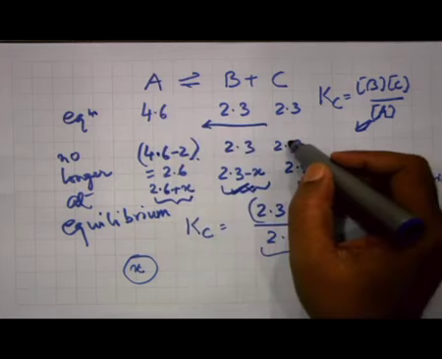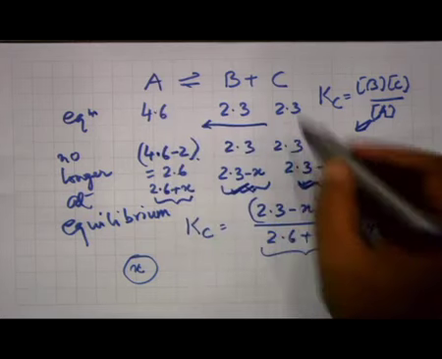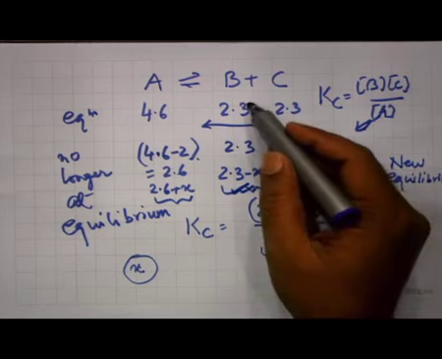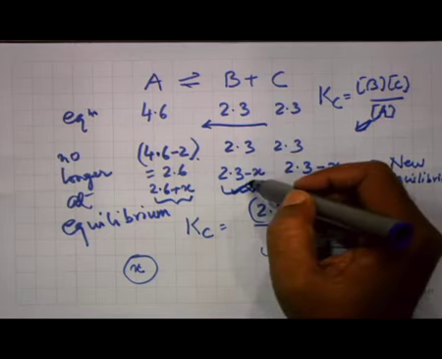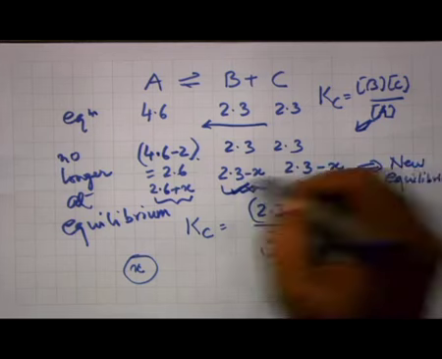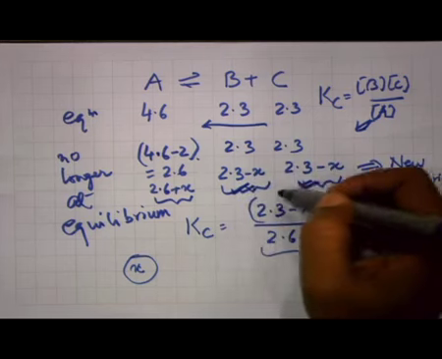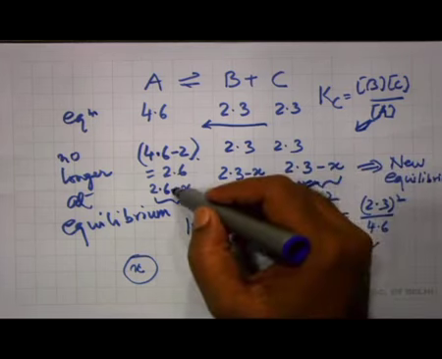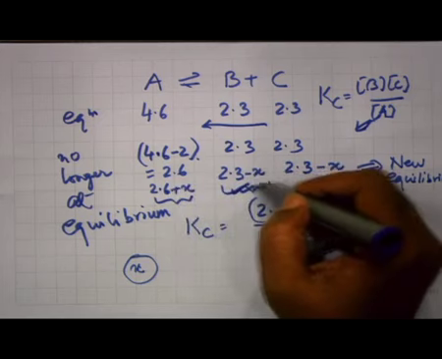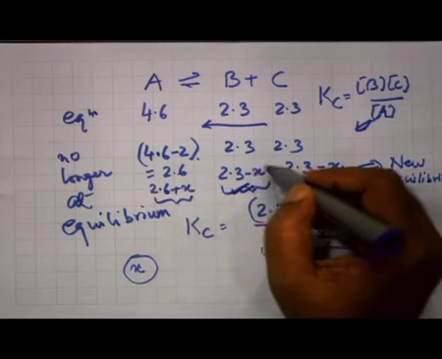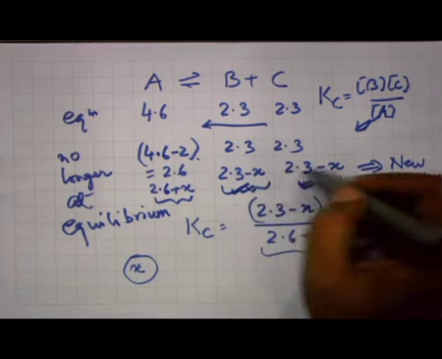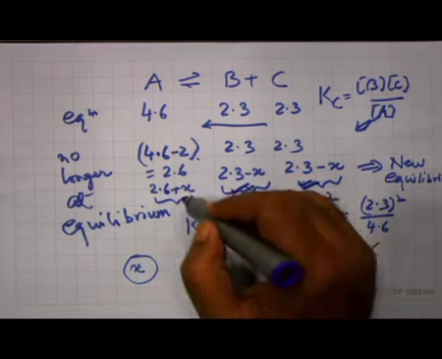And so, we can simply write that C is decreasing by x amount. B will also decrease by x amount, both are reacting, they must react in the same stoichiometry, and so if the concentration decreases by x for B and C, the concentration of A will increase by x.